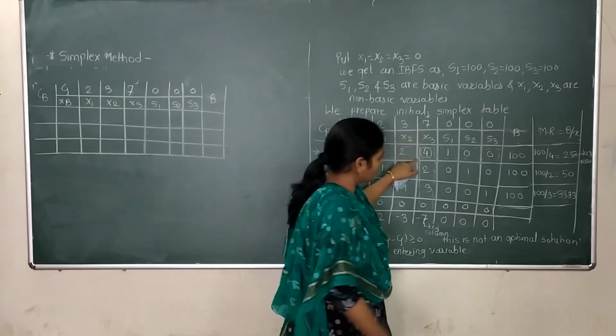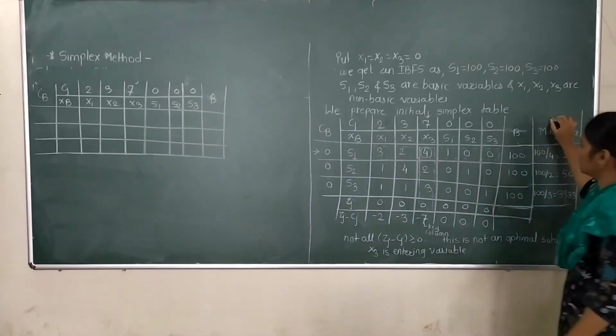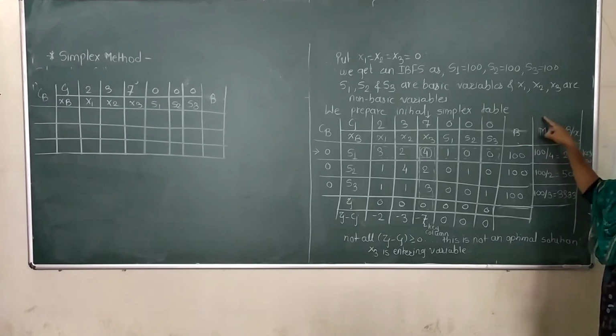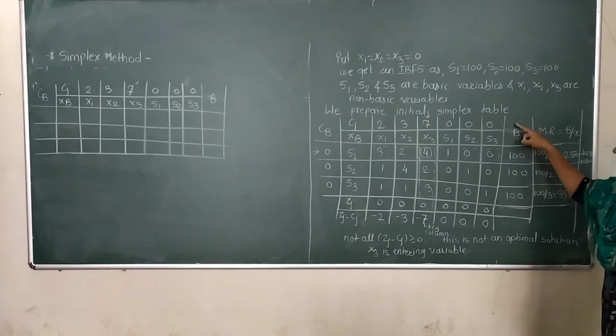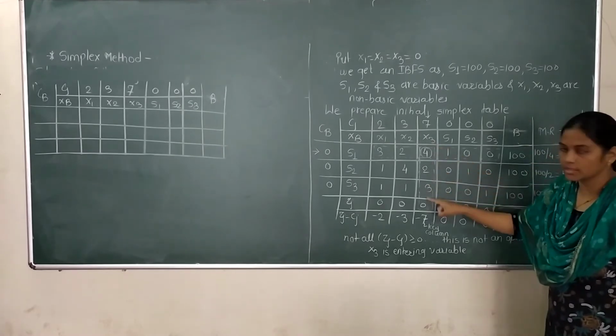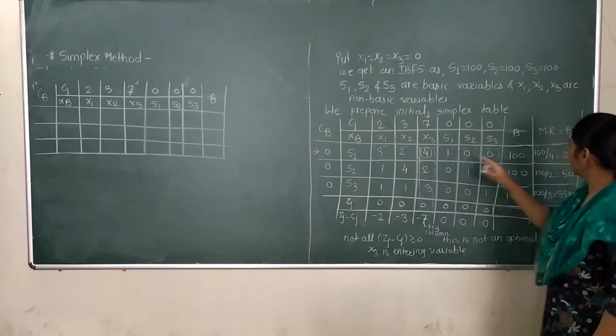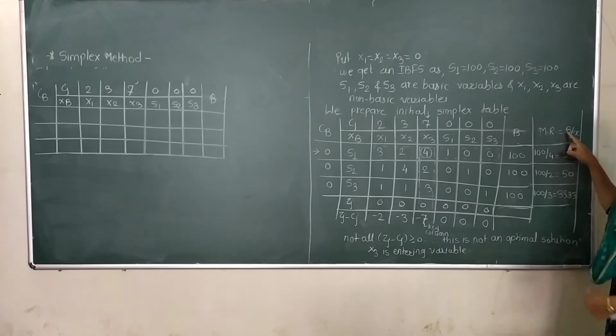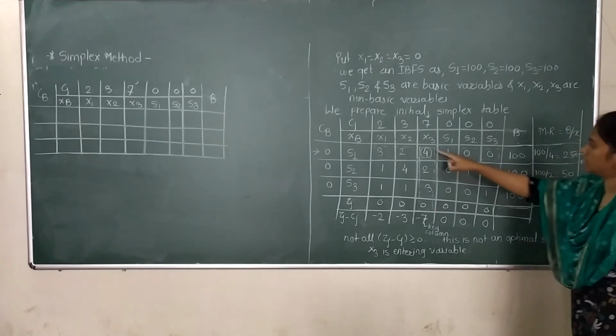Now here we have to find out the minimum ratio. The minimum ratio can be obtained by dividing each entry of the constants b by each entry of the key column. So the minimum ratio can be calculated by using b upon xj for this key column.